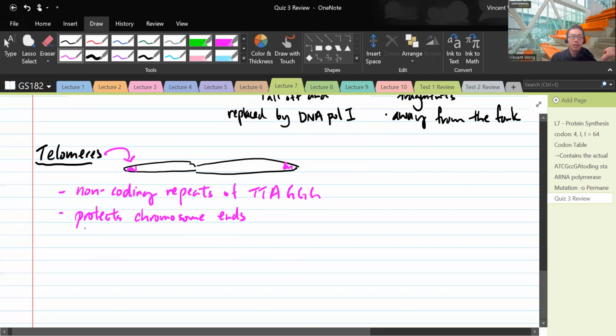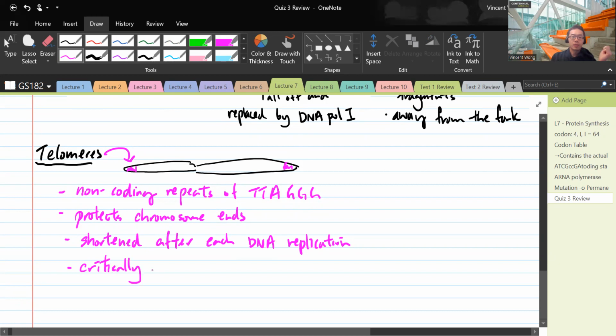Okay, and it's important to know that telomeres get shortened after each DNA replication. When they're critically short, the cell is not allowed to divide.